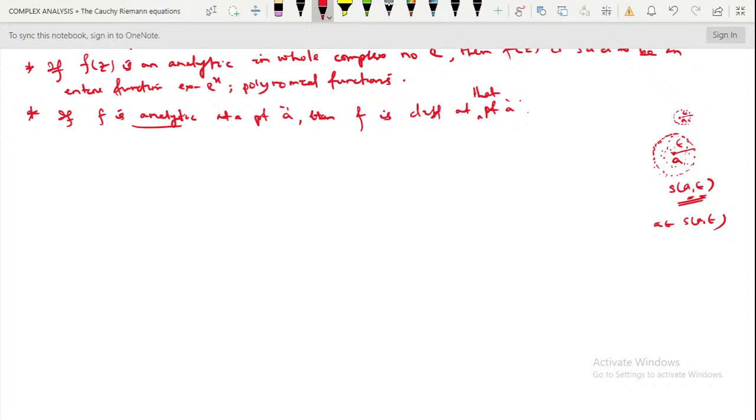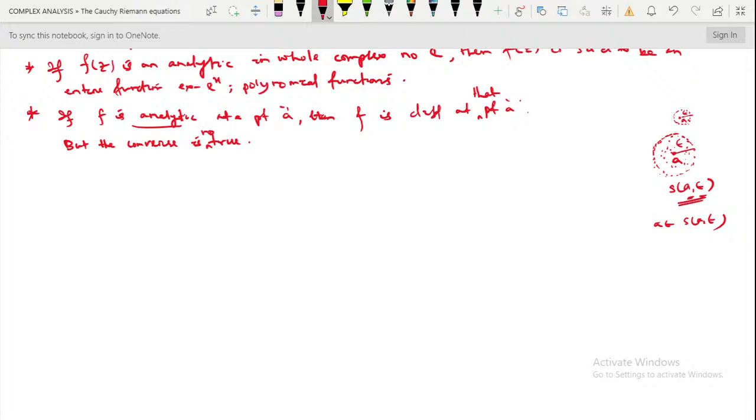So if f is analytic at a point A, then f is differentiable at that point, but the converse is not true.